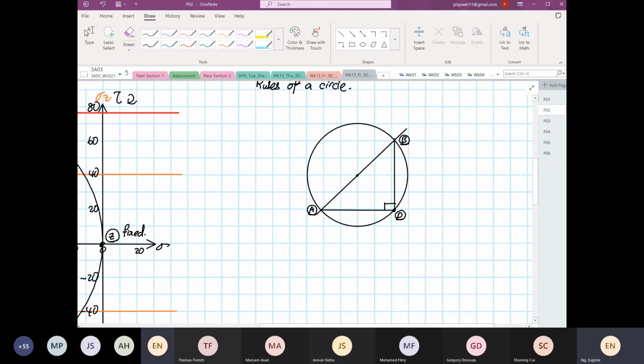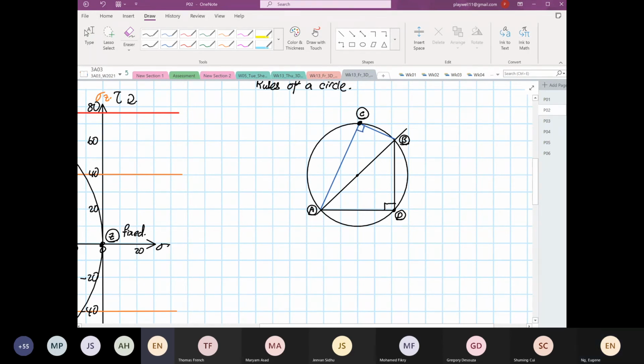Now if I pick another point down here, point C, and draw another triangle, from point A to point C and then C to point B, you realize that this is also 90 degrees.